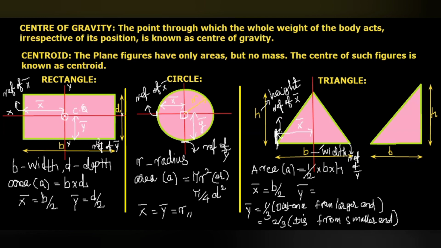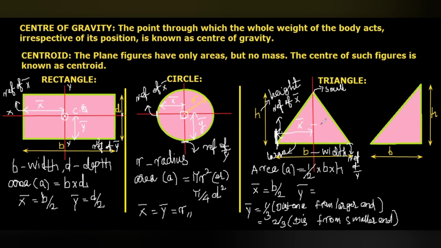Here, when I am taking the y bar from the larger end, because this is the larger end and this one is the smaller end, we are going to measure the y bar from the larger end.